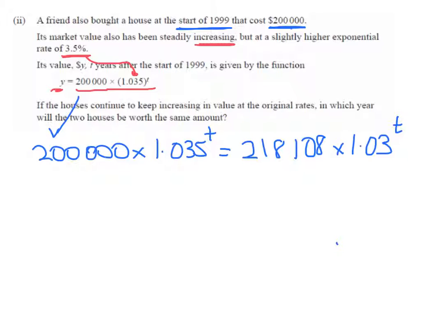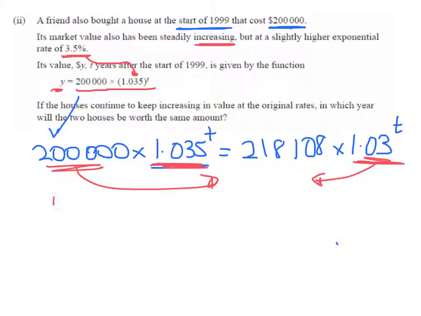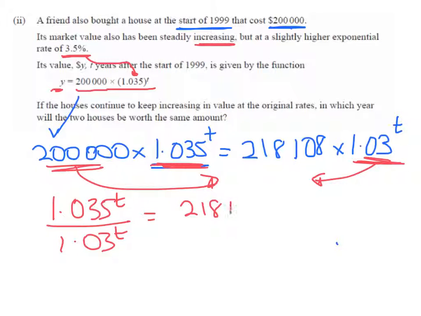I'm going to start by collecting up similar terms. So this one and this one kind of match. So we'll divide both sides through by this, and we're going to divide both sides through by that. So I'm left with 1.035 to the power of t over 1.03 to the power of t equals 218,108 over 200,000.